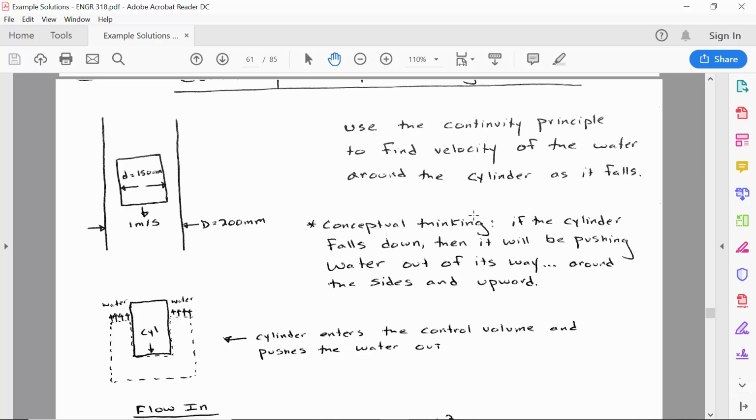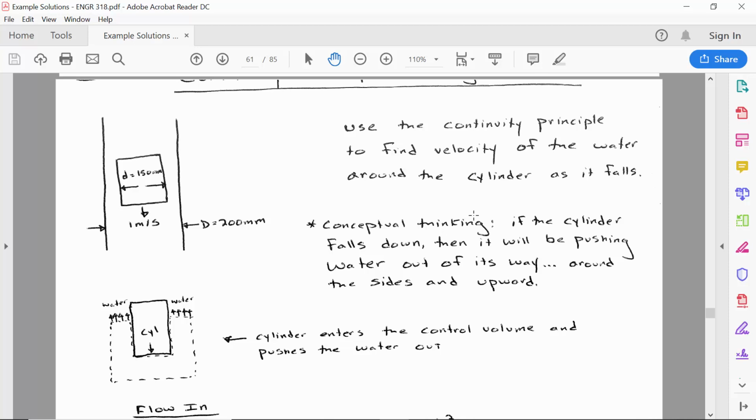And what I'm saying is if the cylinder falls down a certain amount, like if the cylinder goes down to here and is occupying that space, then the water that used to be in that space has to go out of the control volume. So even though the cylinder is a solid, it still has the ability to displace liquid.